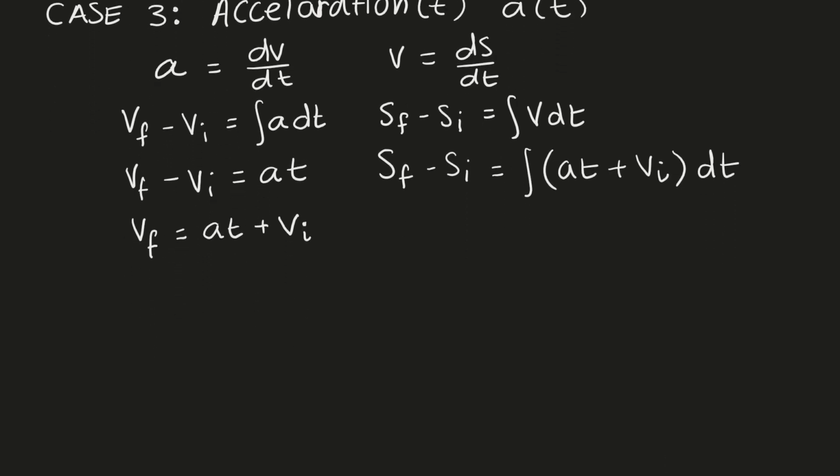Taking the integral of that and assuming that a remains a constant, we'll get s final, or position final, minus position initial is equal to vi times t plus 1/2 a t squared.